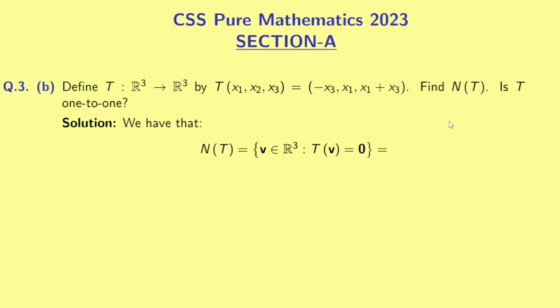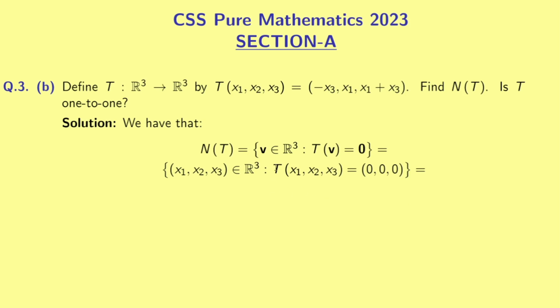So the null space of this linear transformation is the set of all vectors in R3 such that T of V equals 0, where 0 is the zero vector in R3. We can write the set this way: the set of all vectors x1, x2, x3 in R3, such that when I apply T to this vector, I get 0, 0, 0.